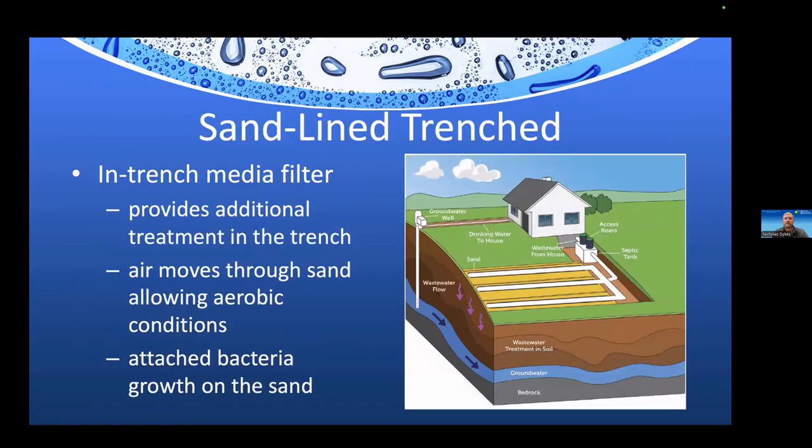We have sand-lined trenches. This provides additional treatment in the trench as well. The sand gives microbes a nice place to attach. The air moves through the sand and it's really aerobic. It's full of oxygen.